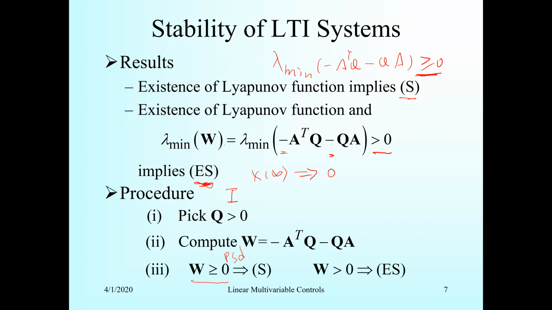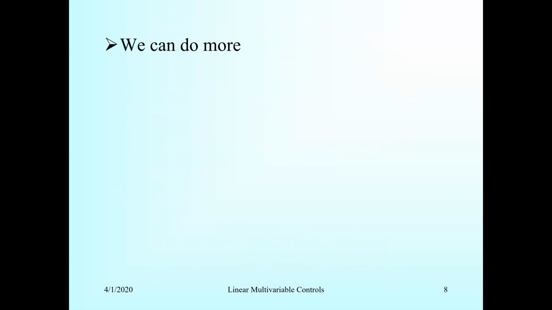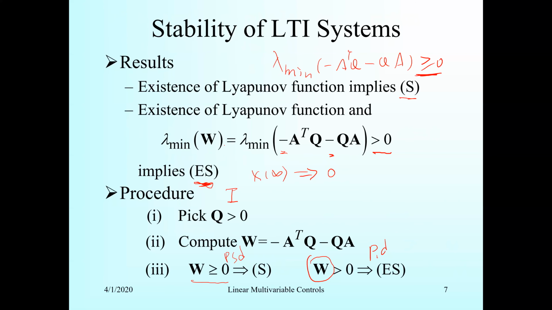Then it's stable, the original system is stable. If this is a PD, so when I say a square matrix greater than 0, that means this matrix is positive definite. So that's the way we check. We have a procedure to do that.